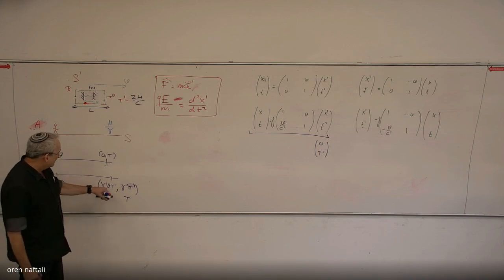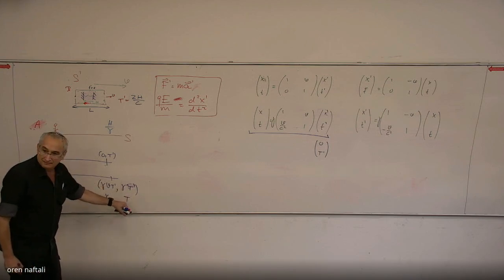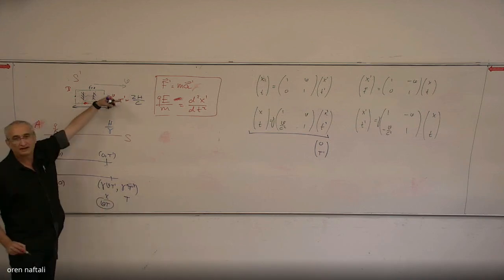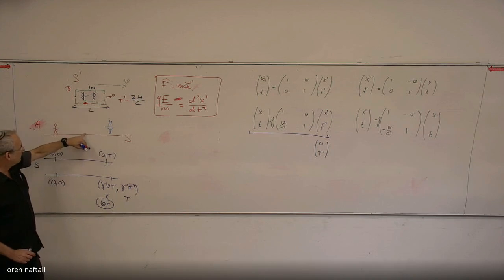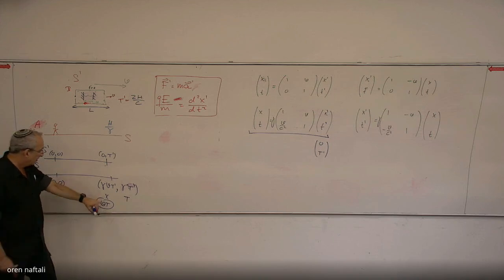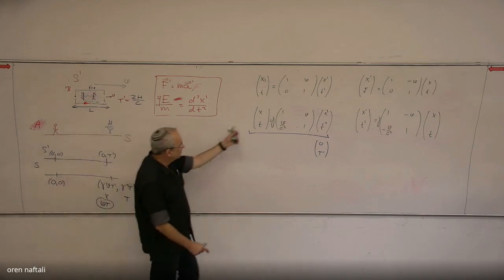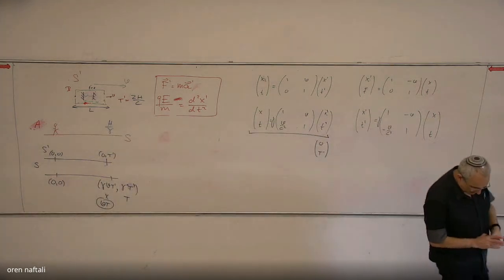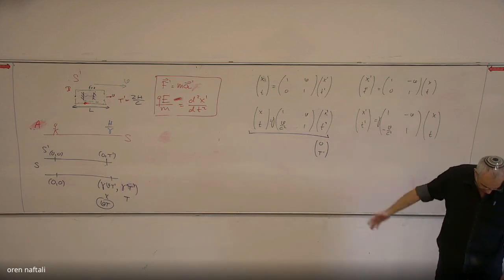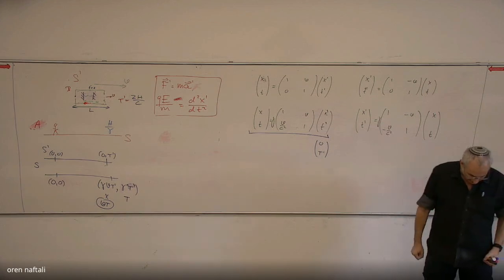But we know that gamma t prime is t, so what is written here is simply vt, which is good, because if this spaceship is moving with respect to us with a velocity v, then at time t of our watch, we are going to see it moved v times t. So everything is good, and you can derive the Gedanken experiment that I described before by implementing the Lorentz transformation. What is important is to understand the idea of an event and so on.